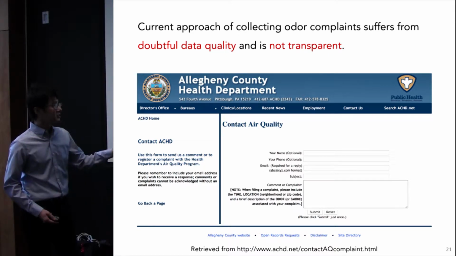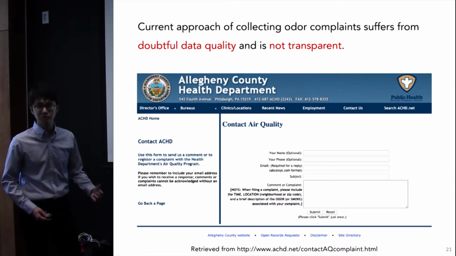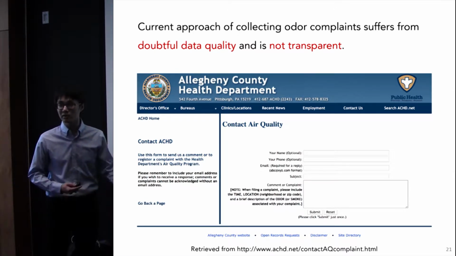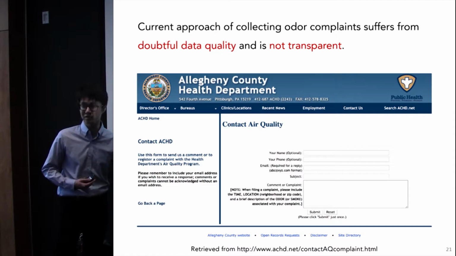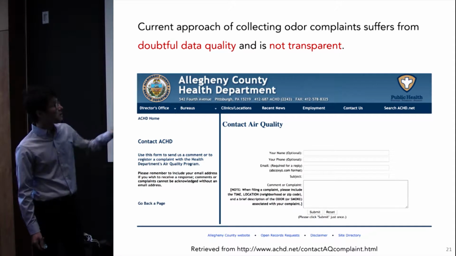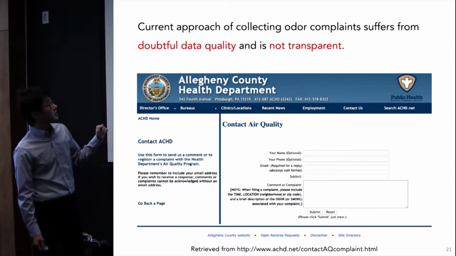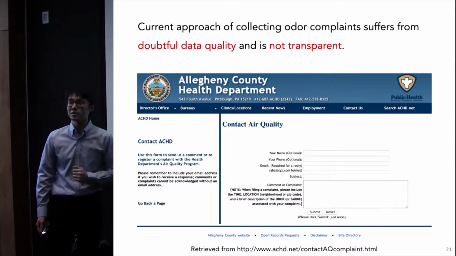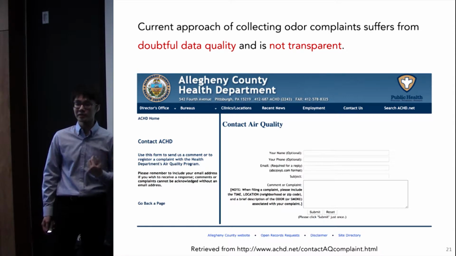And if this information is not correct, then it introduces extra noise when we analyze the data. And that will cause the findings to be misleading. So that part is really important for data quality. Also, it's not transparent because when people report it, it's like going into a black box or black hole.